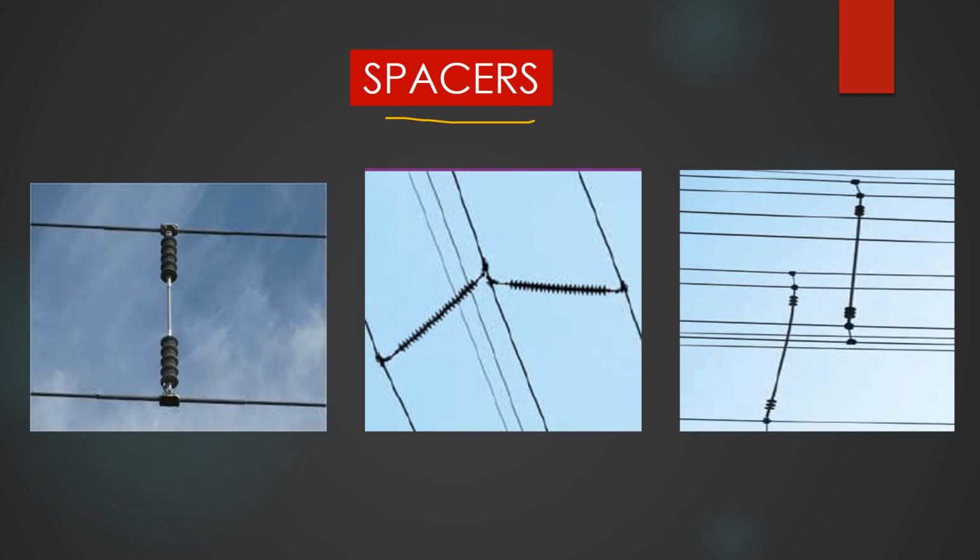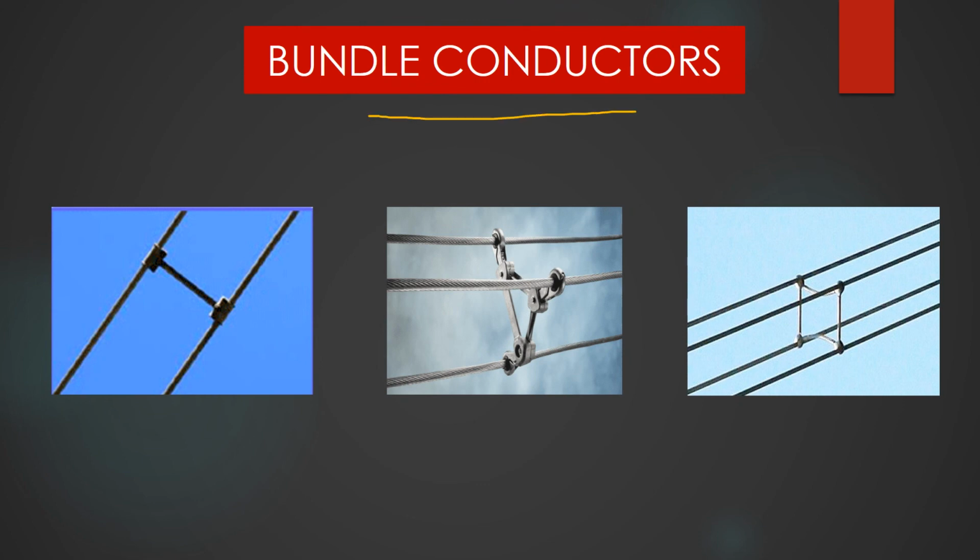Bundle conductors. Bundle conductors reduce the reactance of the electrical transmission line. Here in the figure, you see a bundle conductor with 2 subconductors, a bundle conductor with 3 subconductors, and a bundle conductor with 4 subconductors.